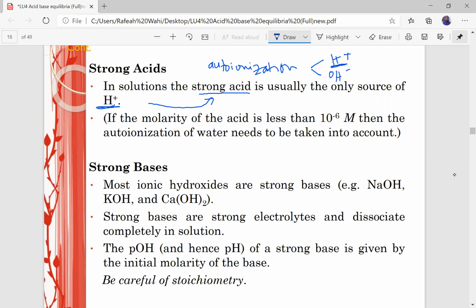Okay. So if the molarity of acid is more than 10 to the power of negative 6 molar, then you should assume that the only source of H plus ion comes from the strong acid. However, if the molarity of acid is less than that, less than 10 to the power of negative 6 molar, then the effect of auto-ionization of water must be considered. Okay.